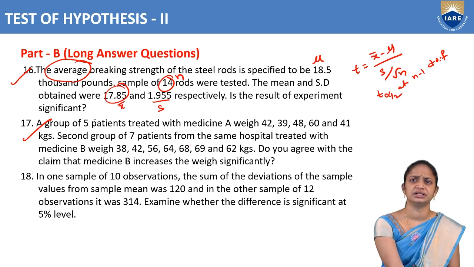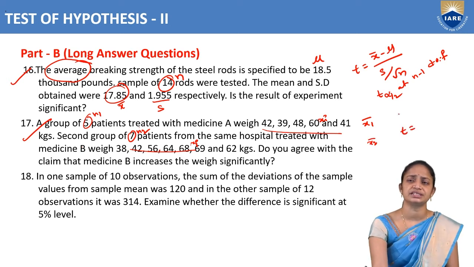So here n1 is this one, and these are all xi values, from which we can find x1 bar, and this is n2, with xi values from which we can find x2 bar. The formula is the t-test for difference of means: x1 bar minus x2 bar divided by s into under root of 1 by n1 plus 1 by n2.